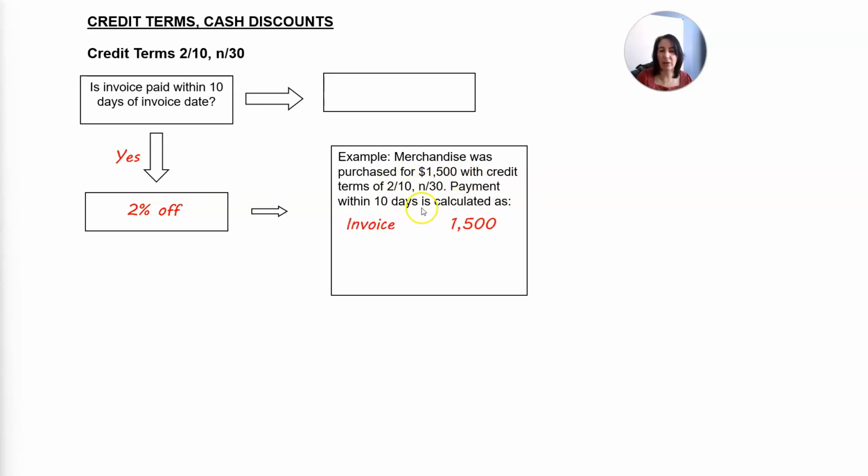Payment within 10 days is calculated as, if it was $1,500, they get a 2% discount on that. 2% times $1,500 is $30. And that means that they only really have to pay $1,470 for that $1,500 worth of merchandise. That's a discount. All right. The other piece of it, if you didn't pay within 30 days, then you just owe $1,500 for this example. Full amount is due in 30 days.